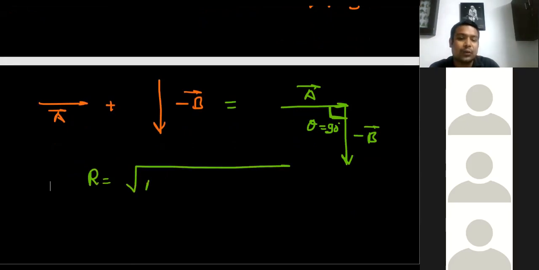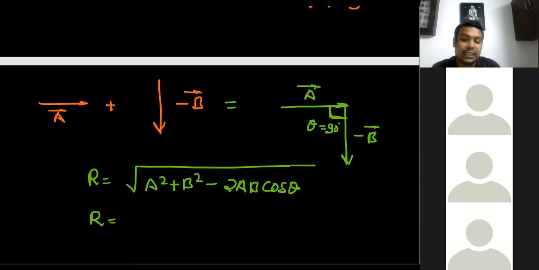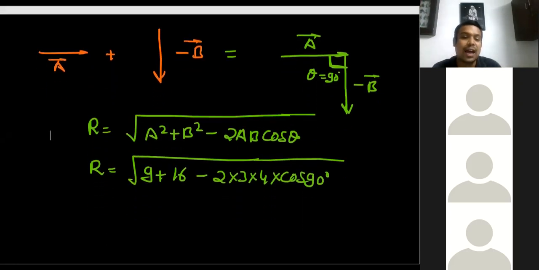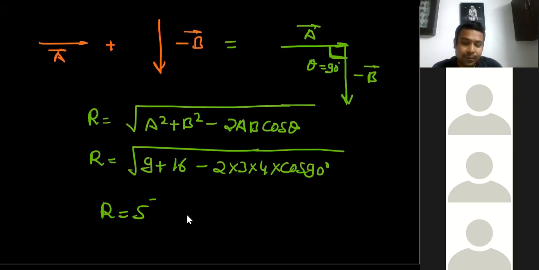It is the square root of A square plus B square minus 2AB cos theta. So here theta is 90 degrees, so this is 9 plus 16 minus 2 into 3 into 4 into cos 90, and cos 90 is 0. Thus, this value is 5.